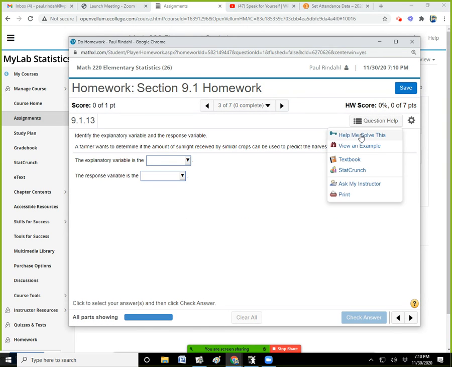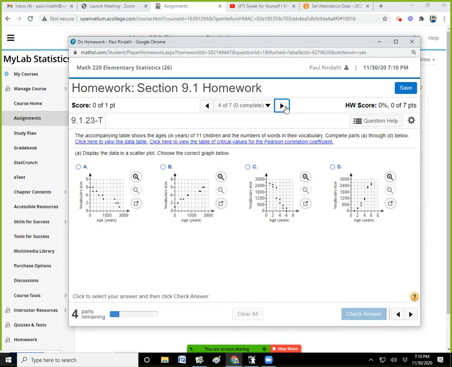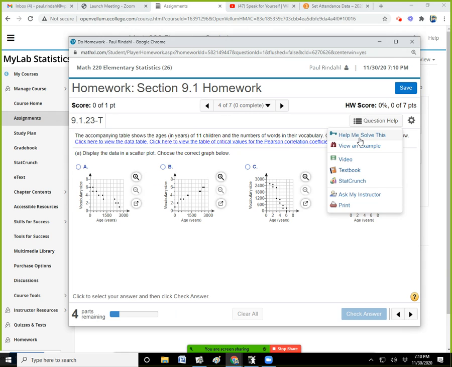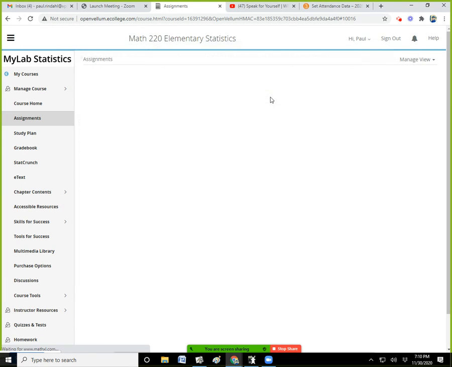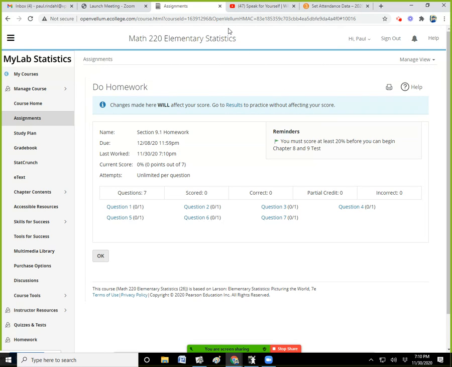So here, question help: help me solve this. It'll walk you through the steps. You can view an example. You can watch a video. All of this is super helpful because sometimes it's hard to marshal your thoughts on each problem. You can watch a video about it, or look at the textbook part that talks about it. So don't be shy using that. All those tools are there for a reason. They're there to help you.